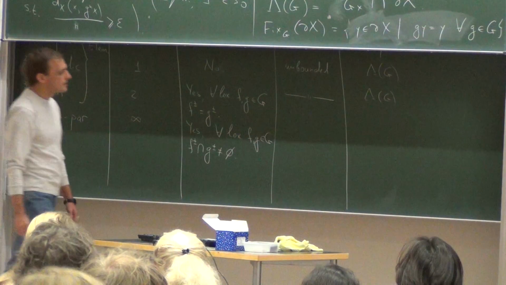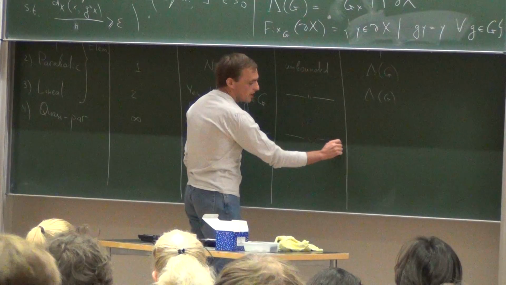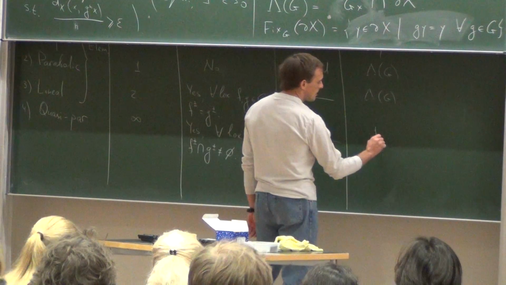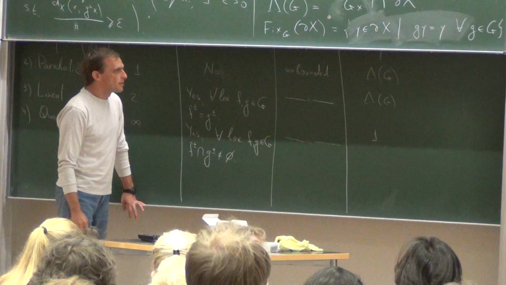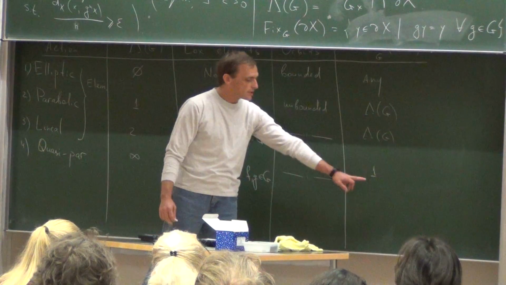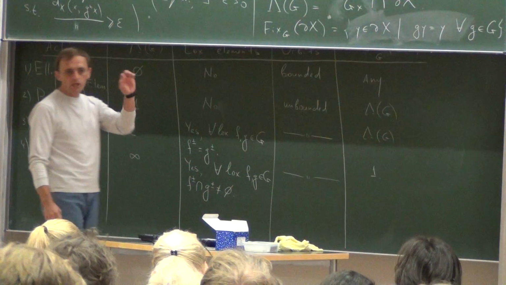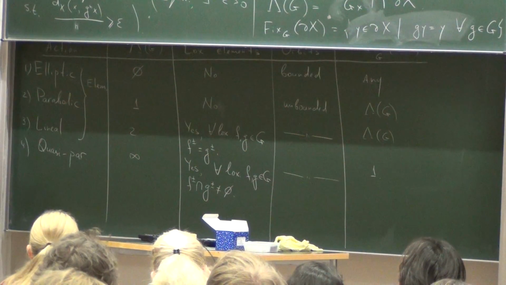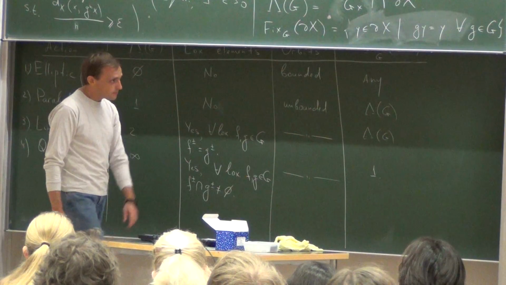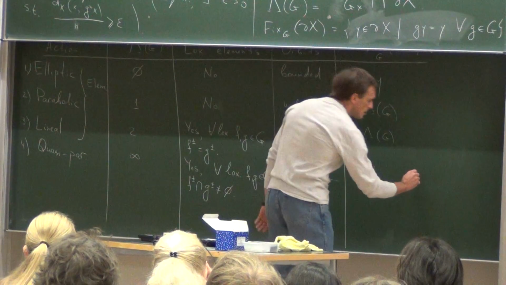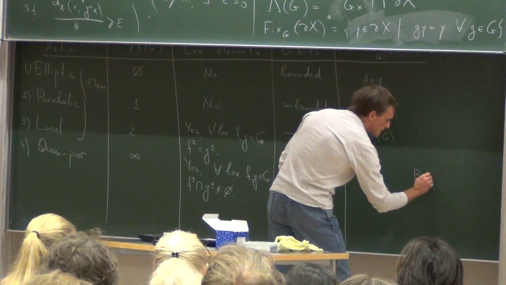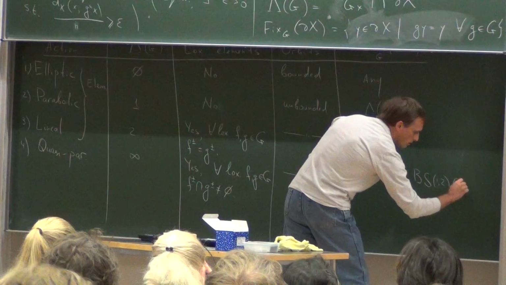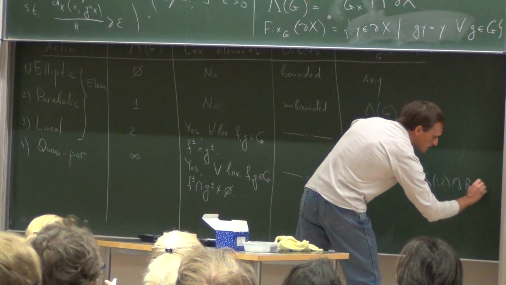So in fact, the orbits of course are unbounded because we have loxodromic elements. In fact, there is a single point. Remember, this column corresponds to the fixed points. There is a single point on the boundary which is fixed by all elements of the group, in particular by all loxodromic elements. So the typical example to think about is the action of the Baumslag-Solitar group on its Bass-Serre tree.